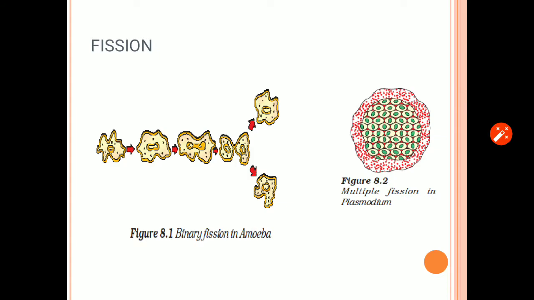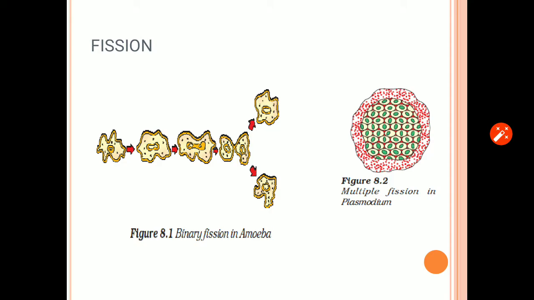Now about the major differences between binary fission and multiple fission. In binary fission, the division of cytoplasm and the division of nucleus take place simultaneously, while in multiple fission, first the nucleus divides and finally the cytoplasm divides to form many daughter cells.